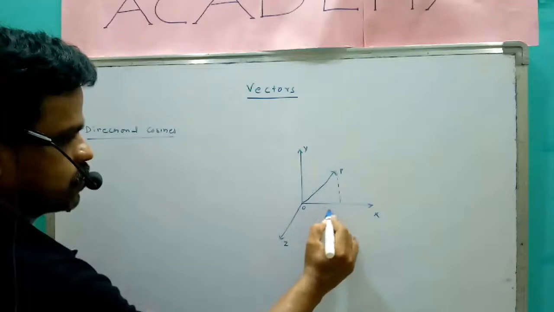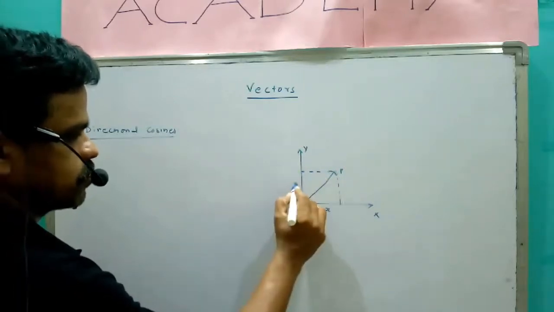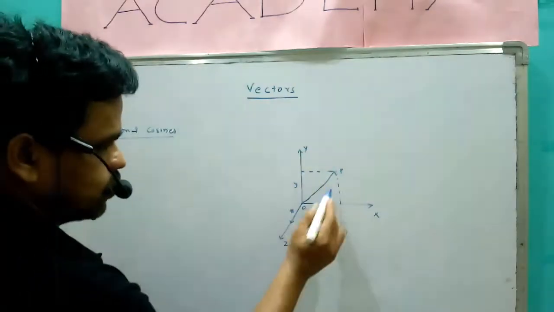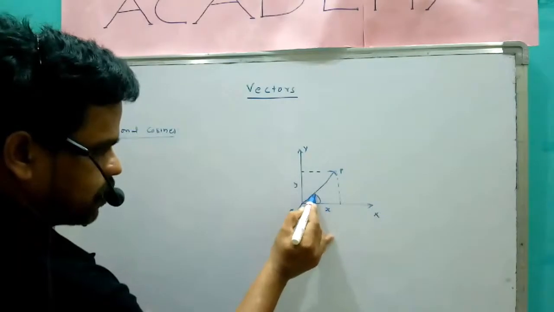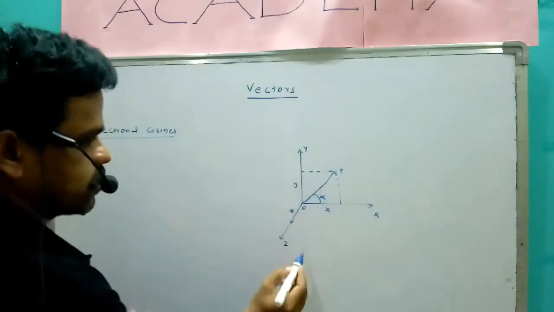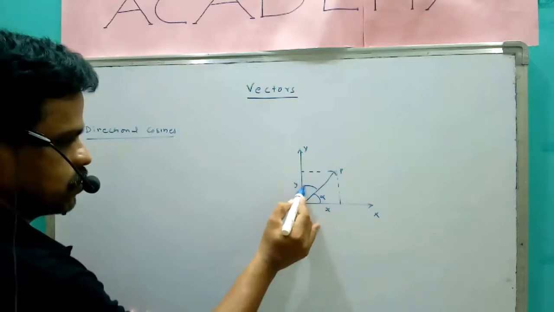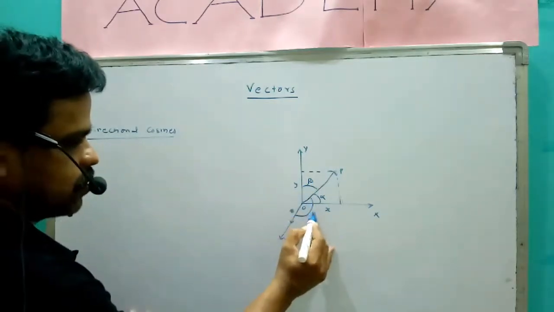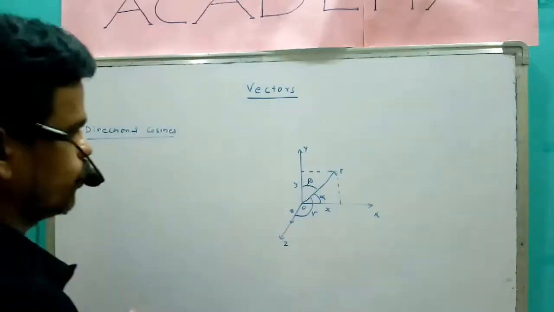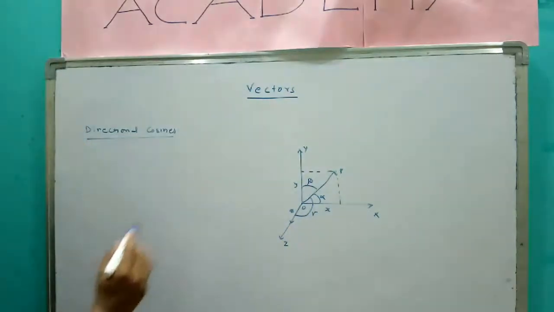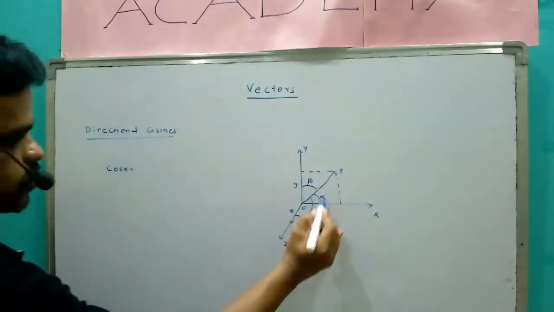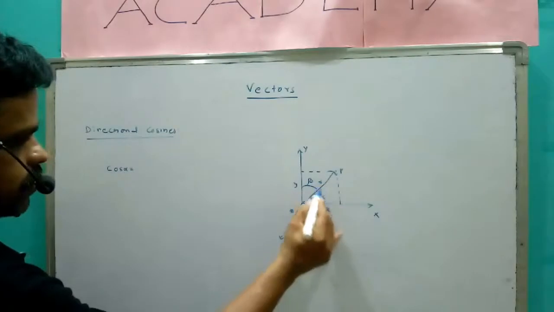The distance on the x-axis is x, on the y-axis y, and this is z. The position vector makes angle alpha with the x-axis, beta with the y-axis, and gamma with the z-axis. So the directional cosine cos alpha is equal to x by r.